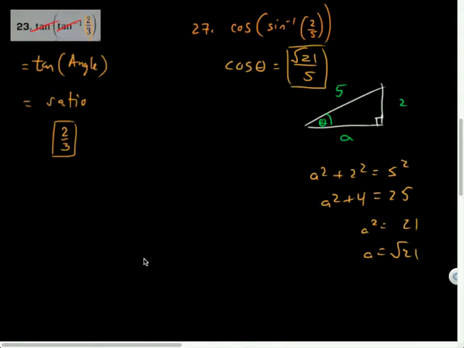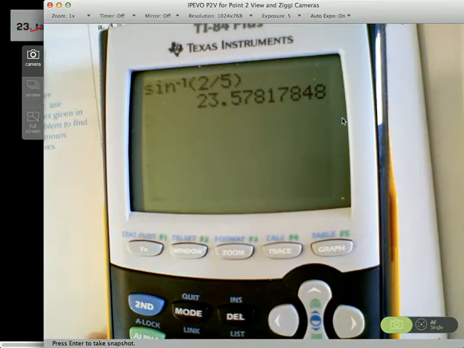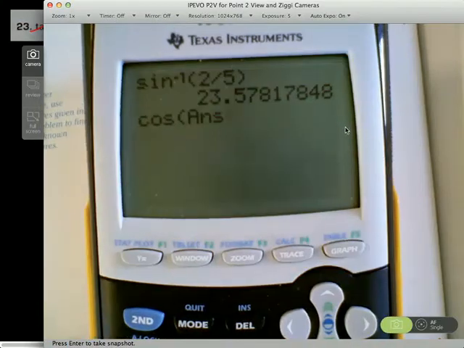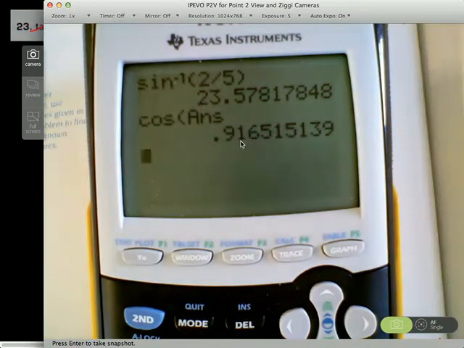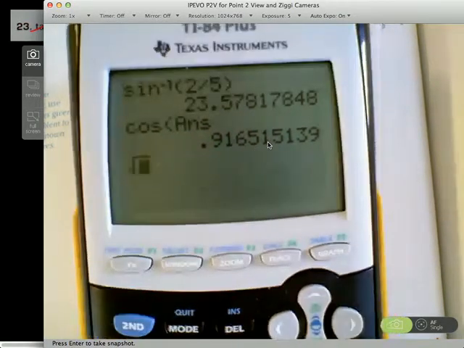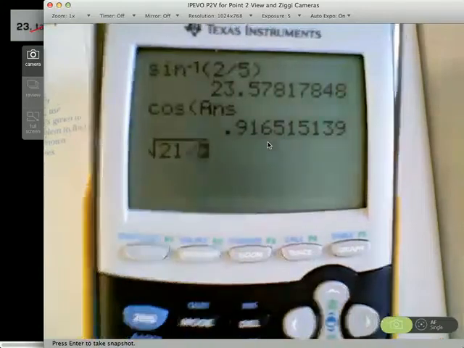So this angle is 23.58 degrees. And now if I take the cosine of that angle, so cosine of second answer, I get 0.9165.